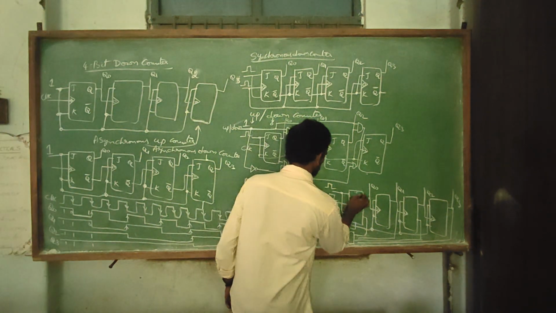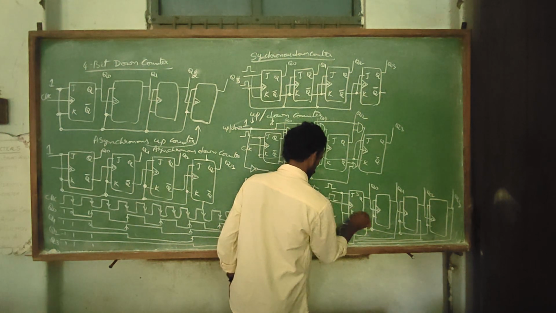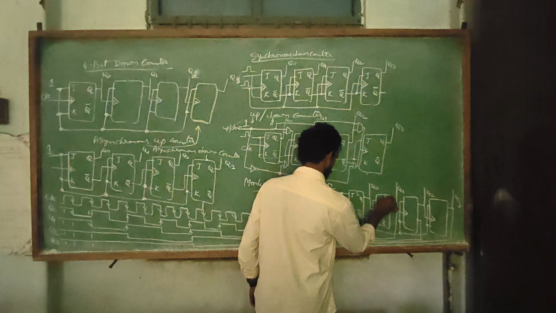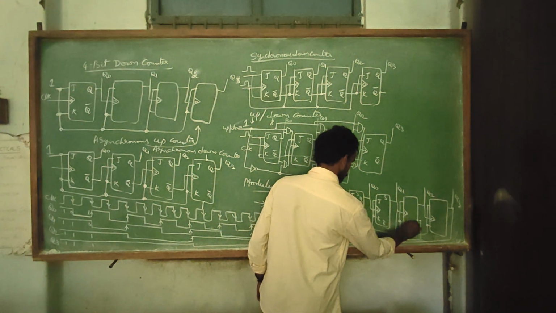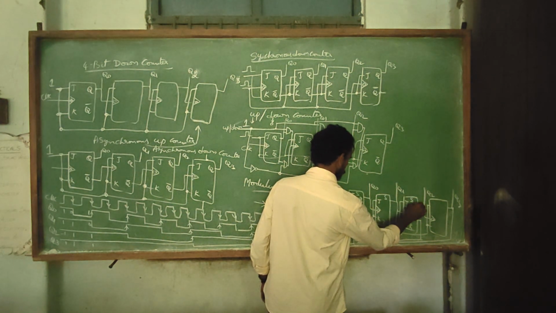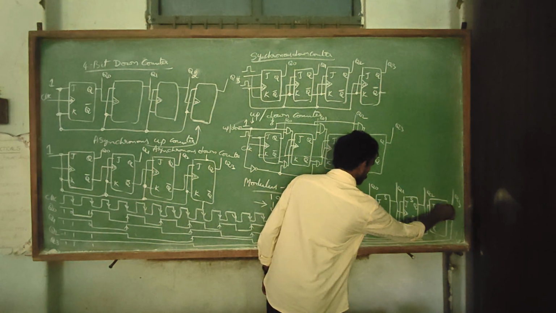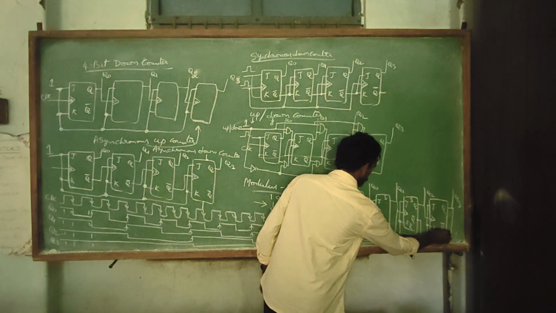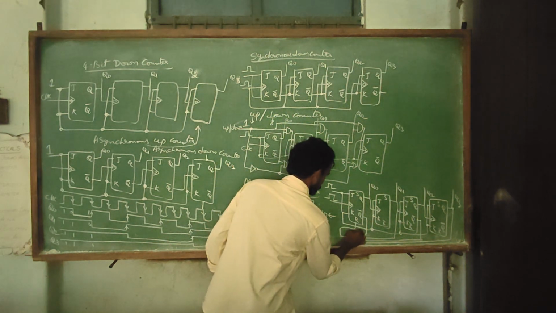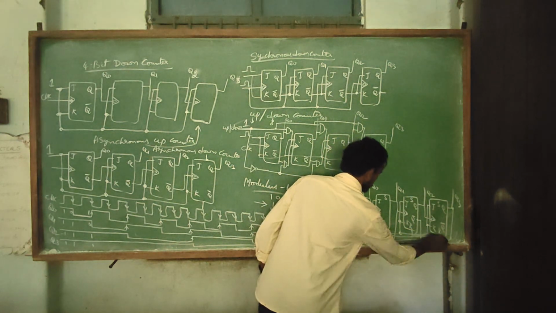So this is set and this is reset. I have to give the output of the AND gate to all reset buttons.